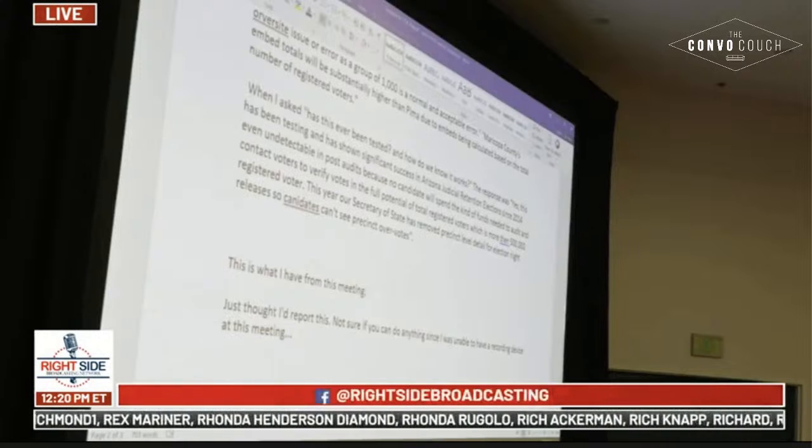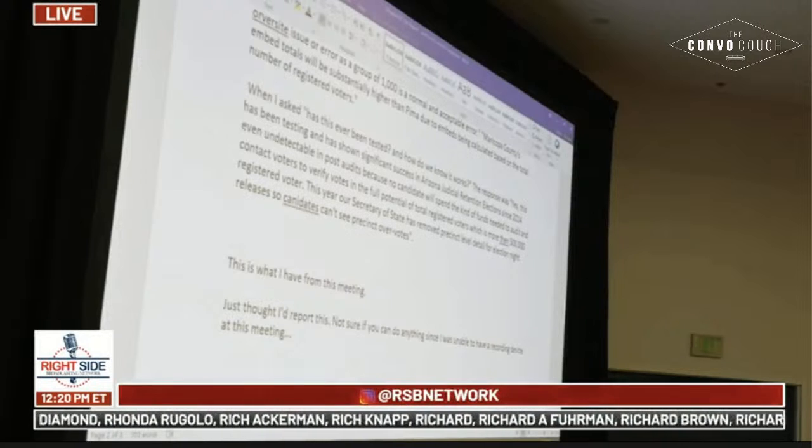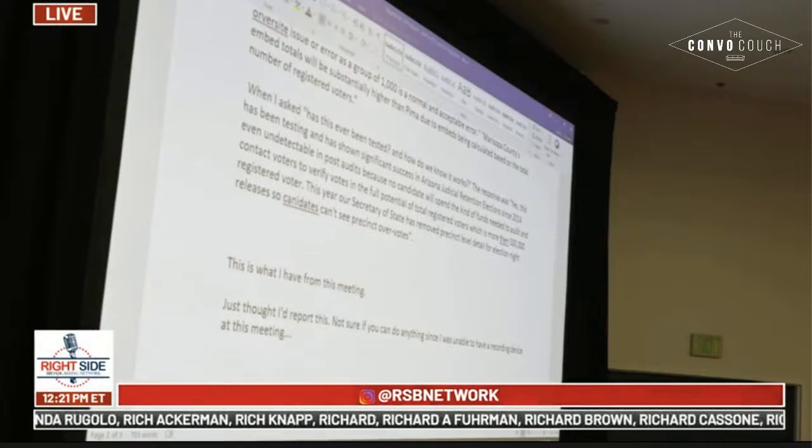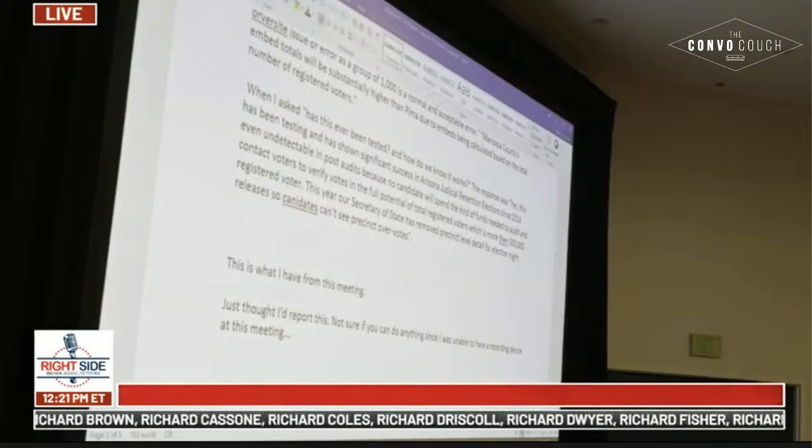When I asked, has this ever been tested and how do we know it works? The response was yes. This has been tested and has shown significant success in Arizona judicial retention elections since 2014. Even undetectable in post-audits because no candidate will spend the kind of funds needed to audit and contact voters to verify votes and the full potential of total registered voters, which is more than 500,000 registered voters.